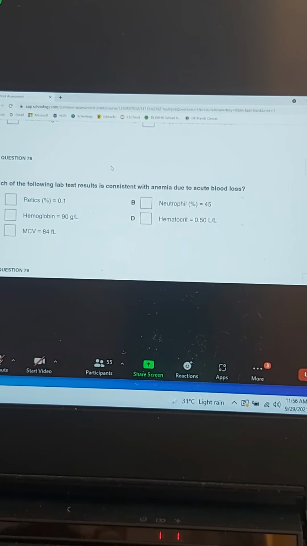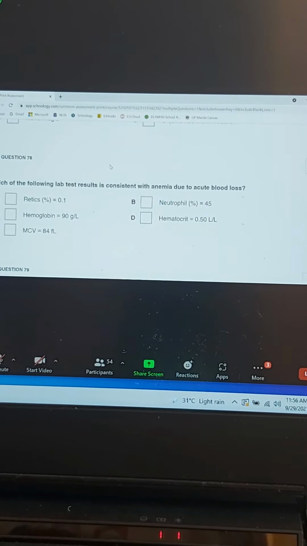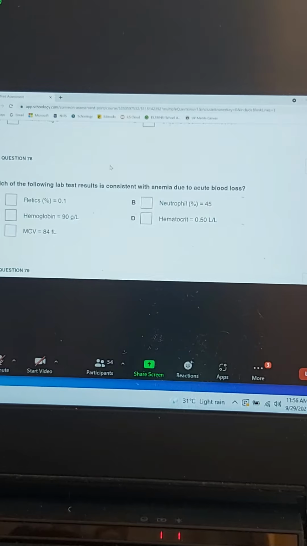Ano ba ang normal value ng retics natin? 0.5 to 1.5.